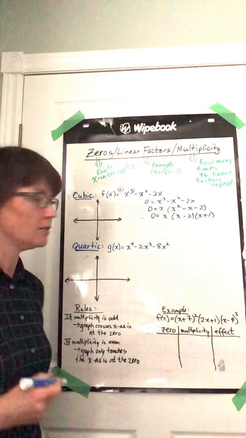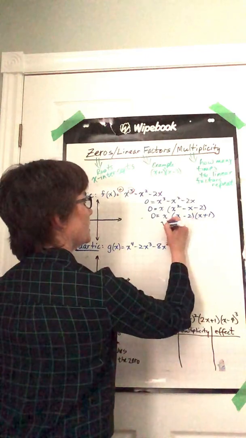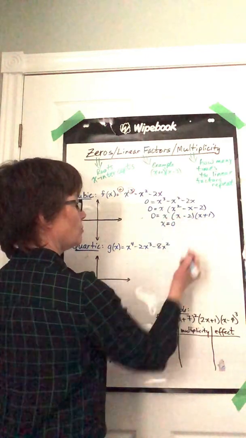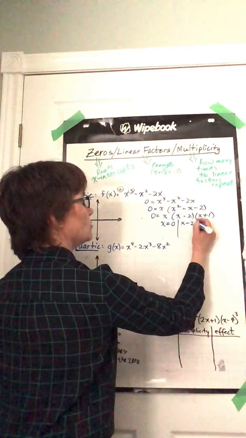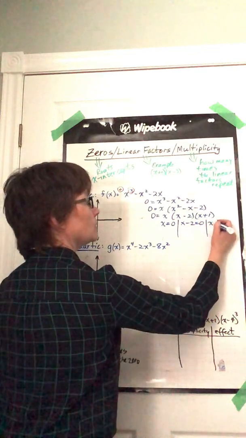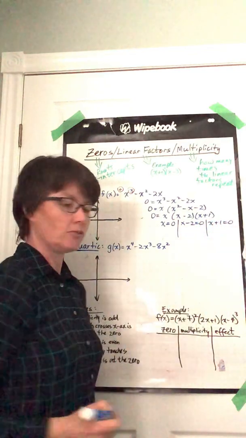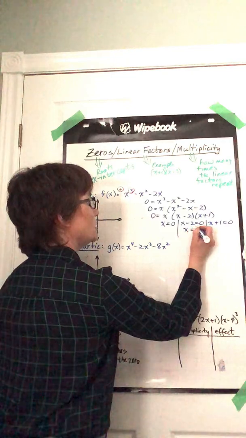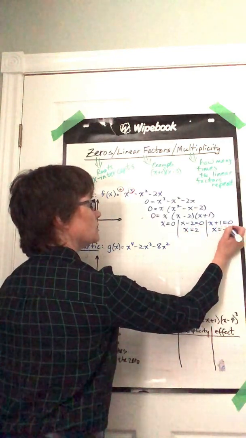Okay, so using the null factor law, we can say x could be equal to 0, or x minus 2 could be equal to 0, or x plus 1 could be equal to 0. And then solving each of these, x equals 2 here, x equals negative 1 here.